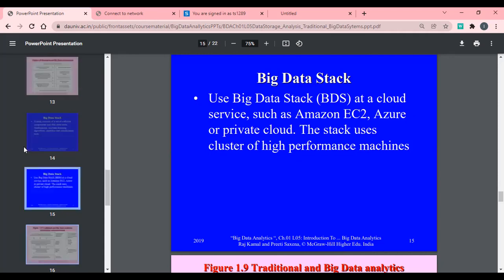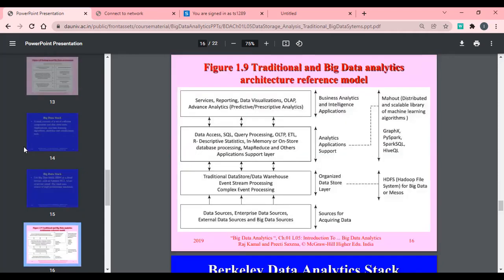The next we go for the traditional and big data analytics reference model. The first one is the traditional model, the second one is the big data model. In the traditional model, we are not using data visualization or advanced analytics methods. Predictive and prescriptive analysis are not possible, and data and SQL query, these types of methodologies are not possible. MapReduce methods are also possible in big data analytics.